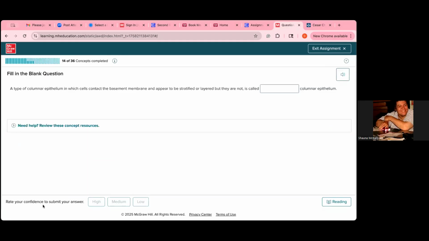The type of columnar epithelium in which all cells contact the basement membrane and appear to be stratified or layered, but they're not, is called pseudostratified columnar. That's that false stratified columnar epithelium.